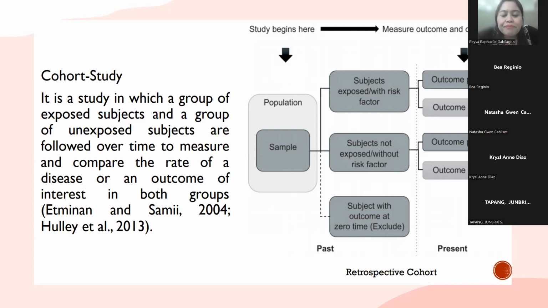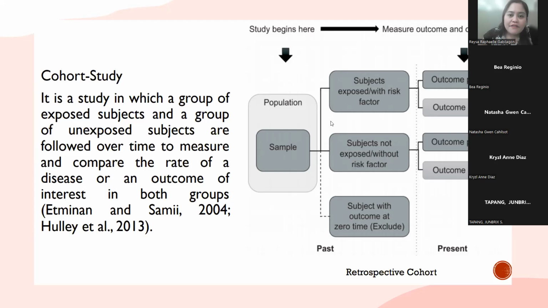Si cohort, ganito pa rin. Our goal, our purpose is to look into the risk factors pa rin. Pero baliktad siya sa case control. Sa case control kasi naunang tingnan yung may sakit ba sila or walang sakit, tapos babalikan na lang yung past exposure nila for the risk factors.